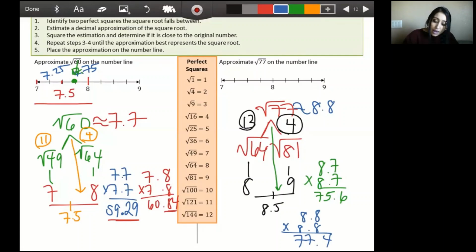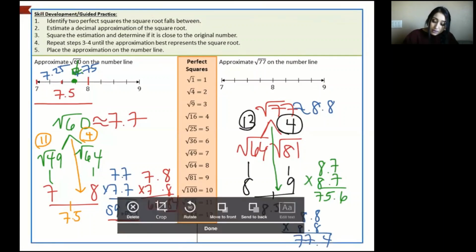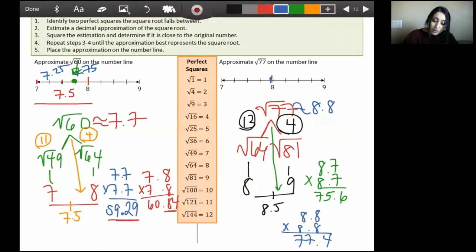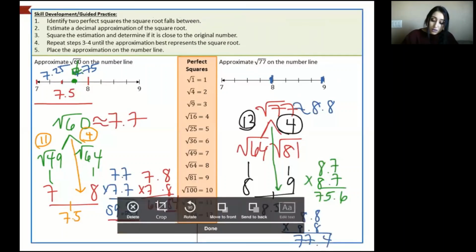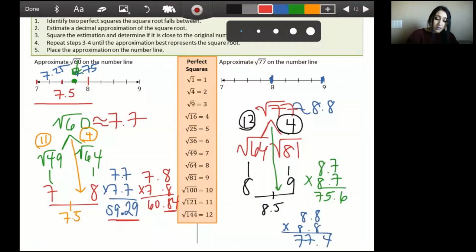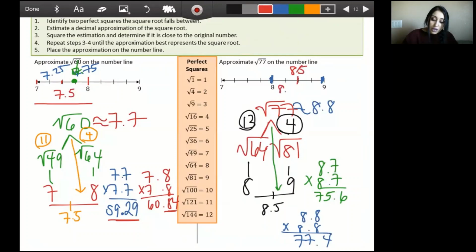So now I have 8 and 9 on the number line. That is my focus area on this number line section. Sorry guys, it keeps kicking me off. Right down the middle, I have 8.5. These are based on quarters, so I'm going to say 8.25. Then I have 8.75.